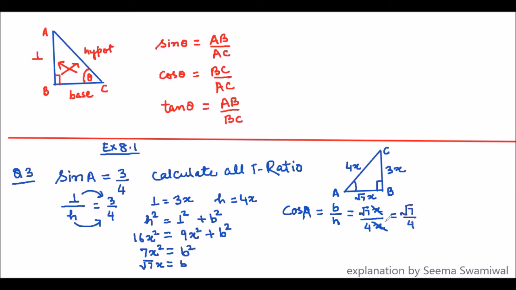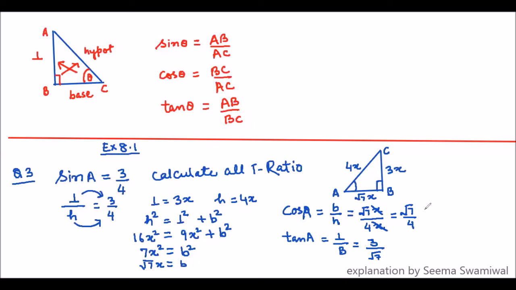Since we are finding all the ratios, every time this x and this x will cancel, so there is no need of writing x again and again. We may write directly that tan A is equal to perpendicular upon base. Perpendicular is 3 and base is square root 7. So the value of tan theta is 3 upon square root 7.